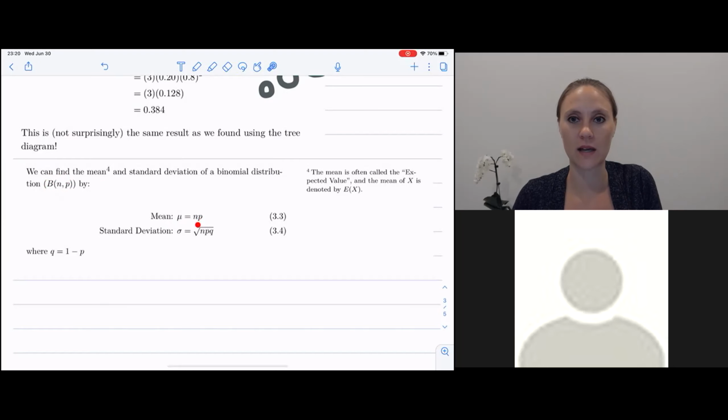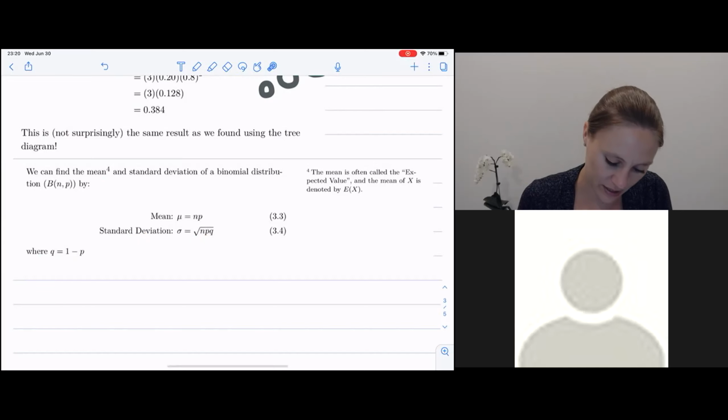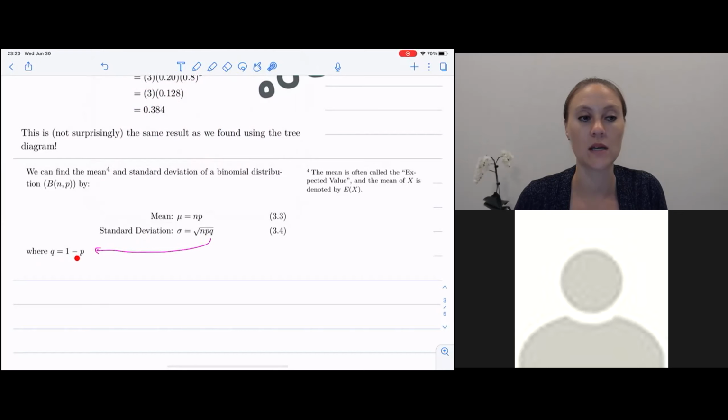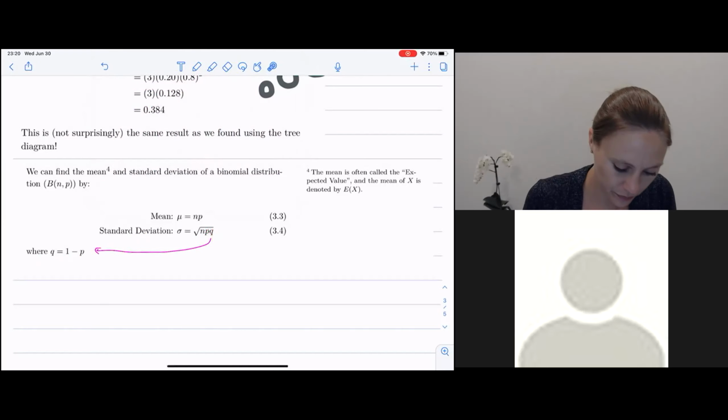So that's where that comes from. We also have a standard deviation, and the standard deviation sigma is the square root of n times p times q, where q is 1 minus p, right? So here I'm using that shorthand notation.